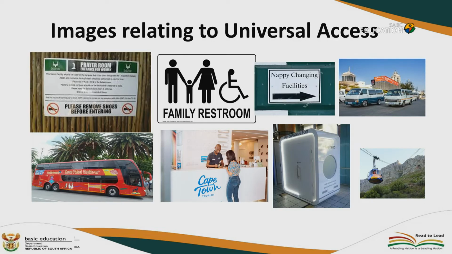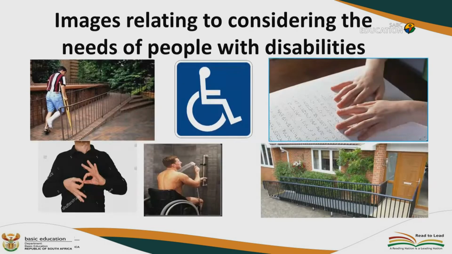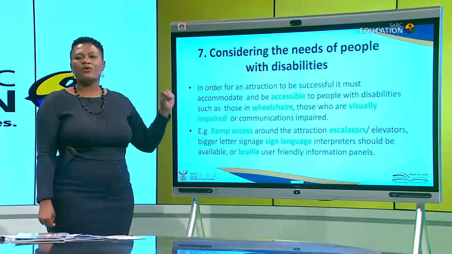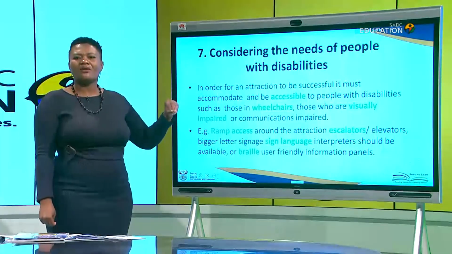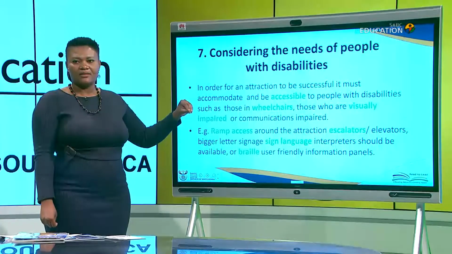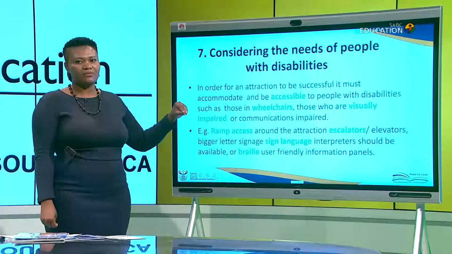Now, I want to take us back to considering the needs of people with disabilities. Guys, this seventh factor will focus only on considering the needs of people with disabilities. I hope you understand me at home. Sando, are you paying attention?